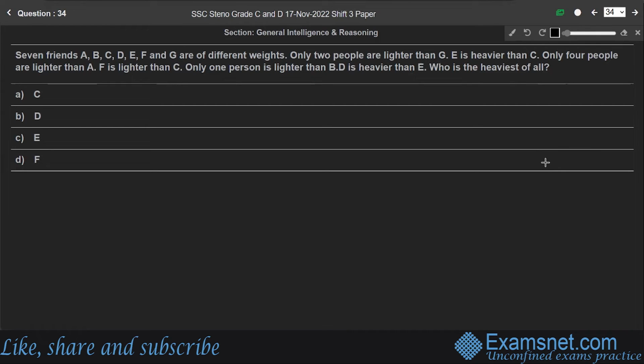So let us write their names or the letters according to their weights, from the lowest weight to the highest, right?